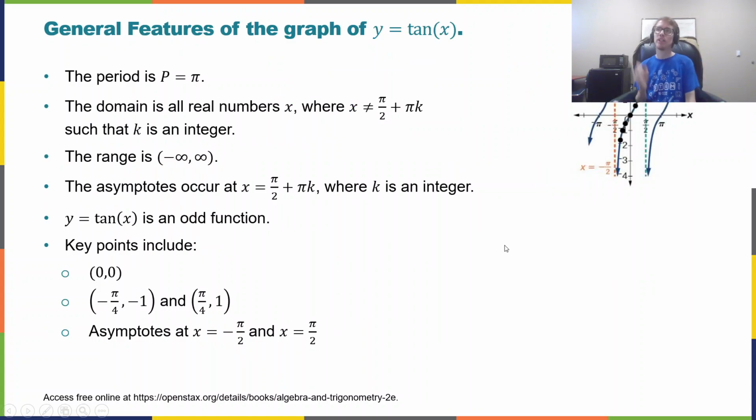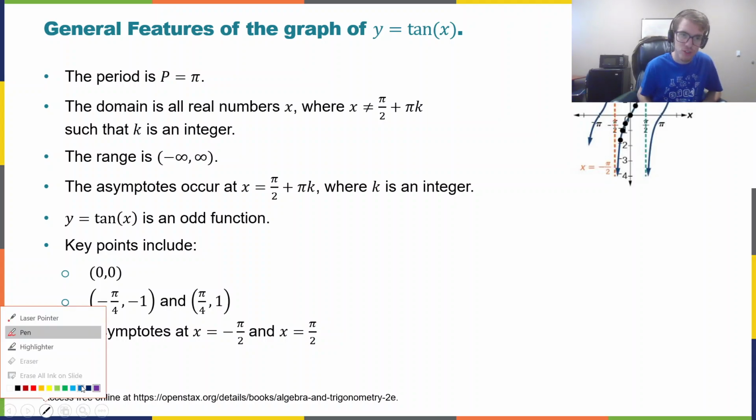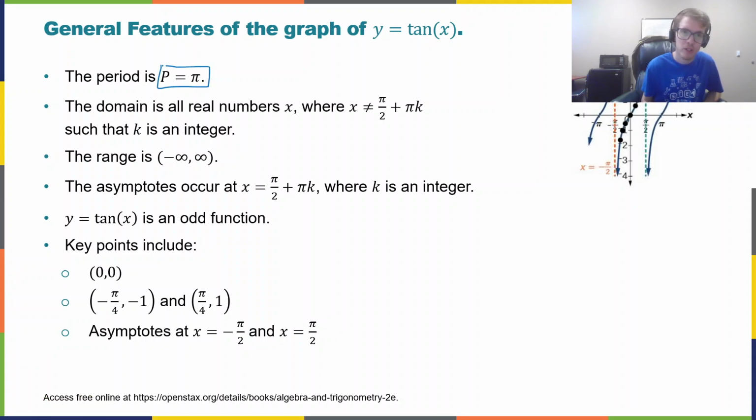Okay, so some general features of y equals tangent of x. The first that is very notable is that the period is not 2 pi, like it is for many of our other functions. The period of tangent is pi, because if you think about when those will start repeating themselves, we have positive, negative, positive again, then negative, positive, negative.